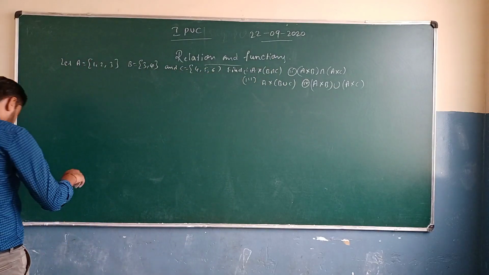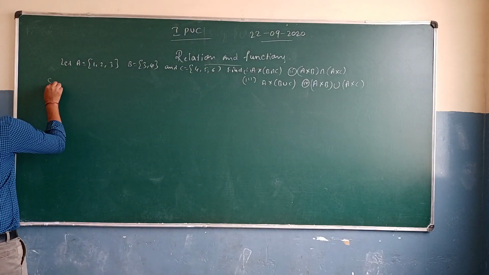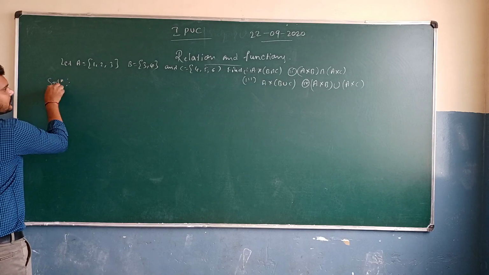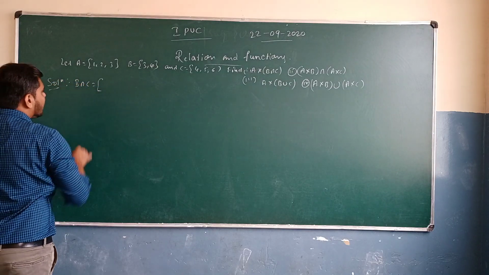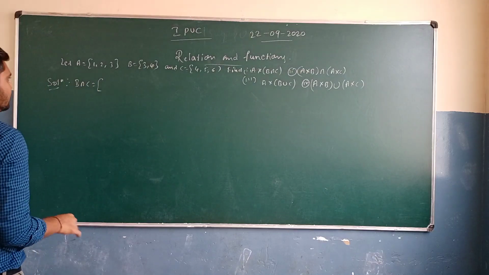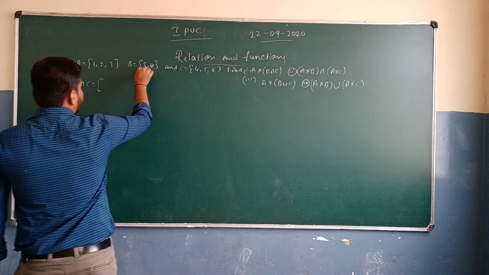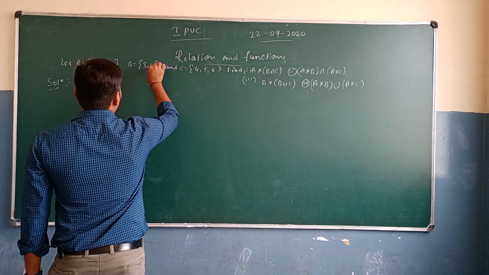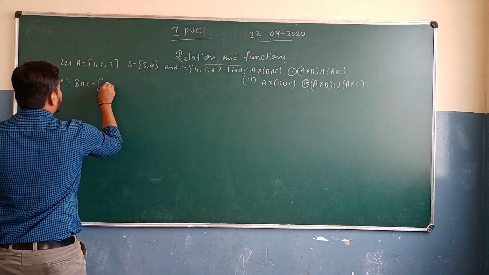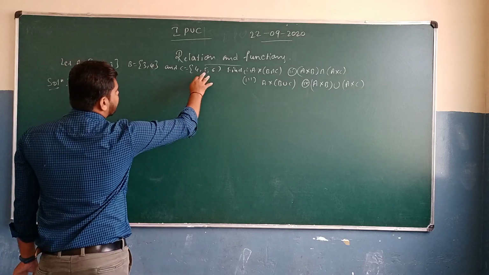So first, the solution. We need to find B intersection C, the common elements in B and C. B has 3 but C doesn't have 3. B has 4 and C has 4, so 4 is common. Is 5 or 6 in B?